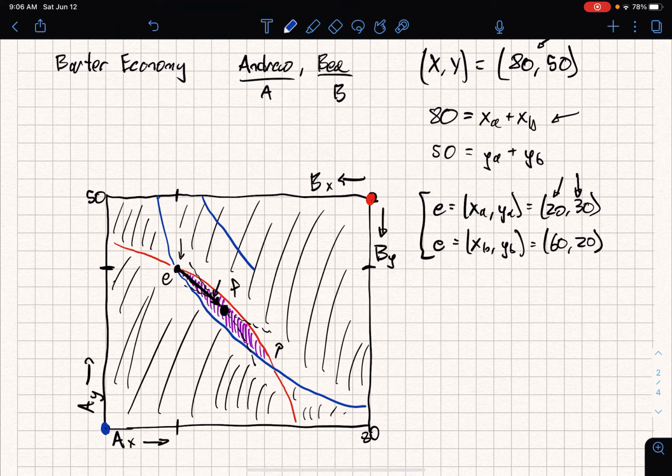So we have something that looks like this. And we could have walked through and found an indifference curve for Bea, and found a lens, and found a higher point of tangency between the indifference curves for the two, and a higher point of tangency for Andrew, because this would have meant a lower point of tangency for Bea.